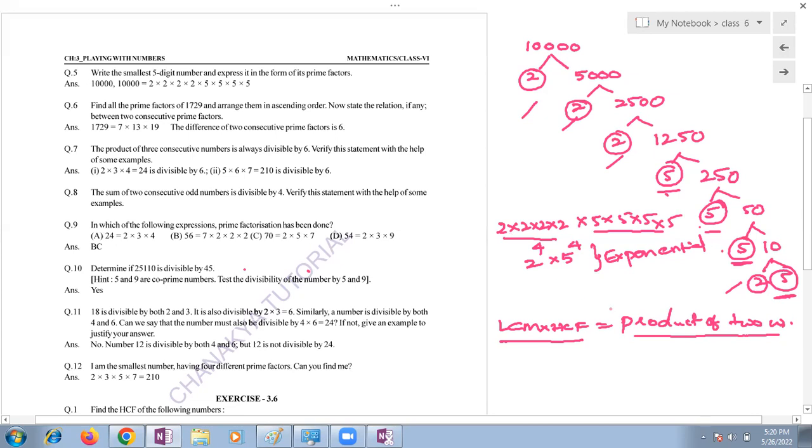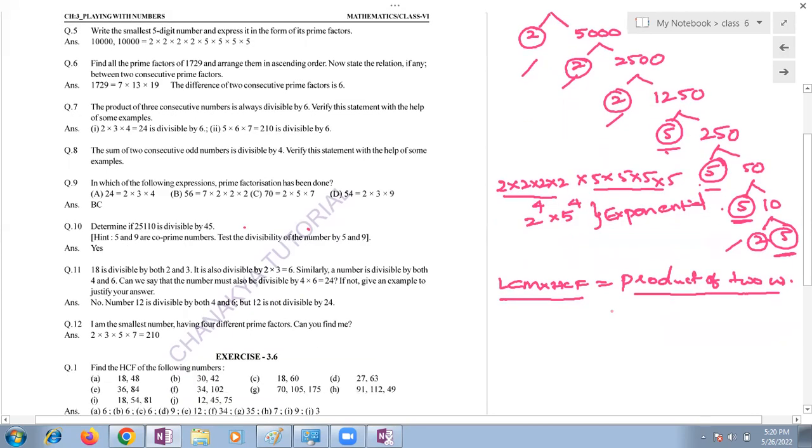Coming to question 6, 1729, what is the speciality of 1729, children? In this, we have two prime numbers and two composite numbers. No, children, because 1729 is a special number.